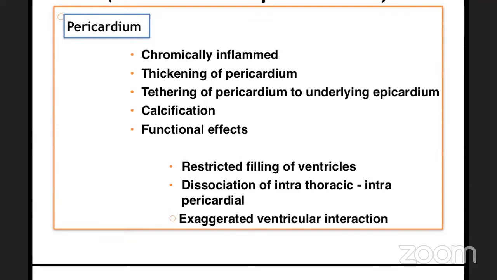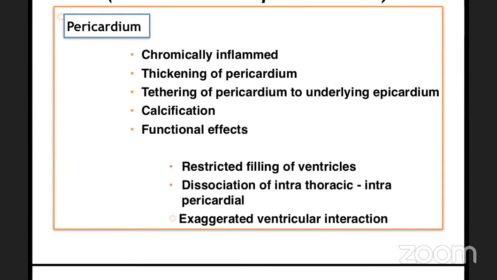So there is a competition between the right ventricle and left ventricle at any phase of the respiration. So this ventricular interaction is very much exaggerated in patients with constrictive pericarditis. And this is not present in restrictive cardiomyopathy.